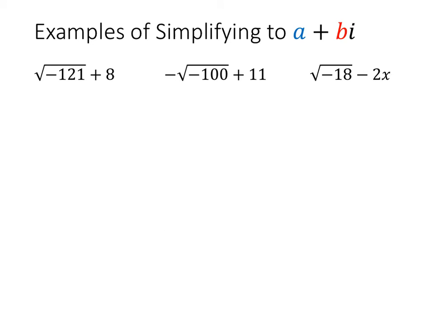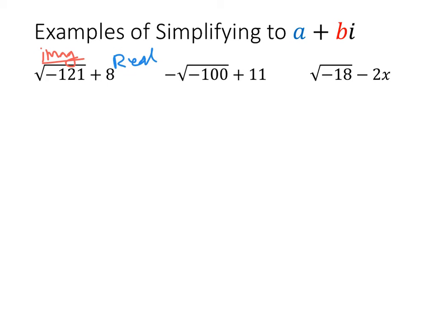Now what we're going to do is we're going to simplify to our standard form, the a plus bi. Now if you look at this, we just have to identify our different pieces. So the first part is that this is going to be the imaginary part. The reason that this one is going to be the imaginary part is because it's a square root of a negative number. And then here, this is going to be our real part.